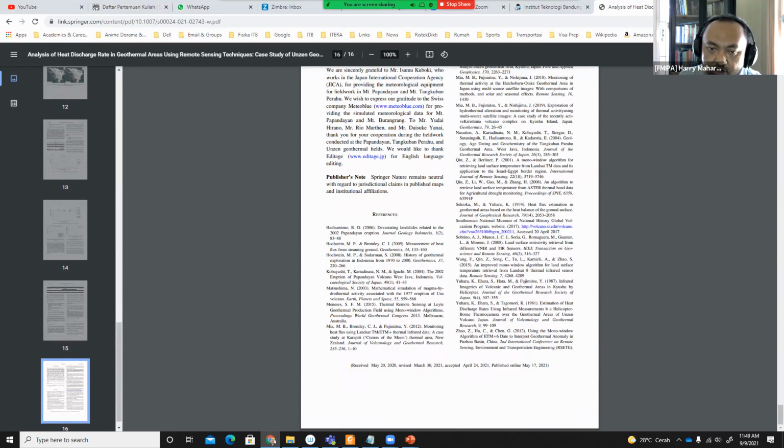So we can also look for these references if we see they are correlated with the things that we want to talk about. If it's not, then we don't need them. But the references that are listed here can help us in terms of gathering more information about the thing that we want to cover.